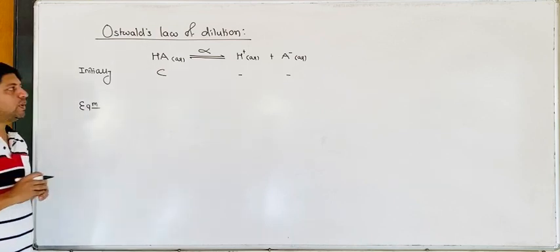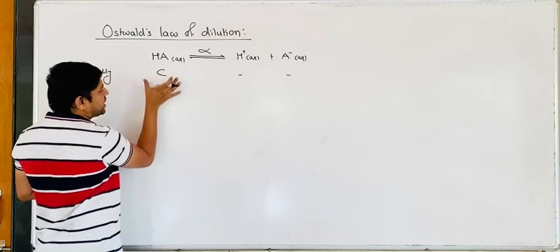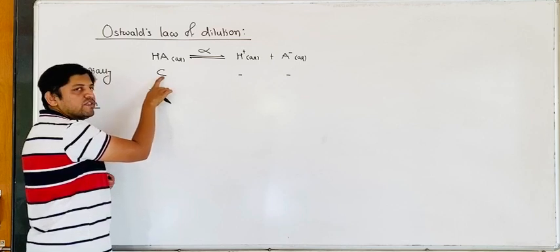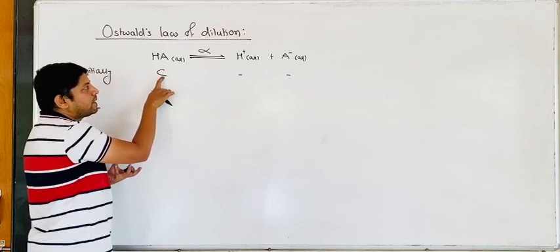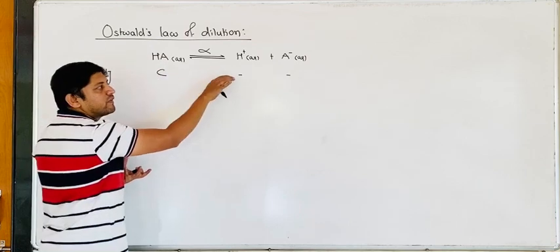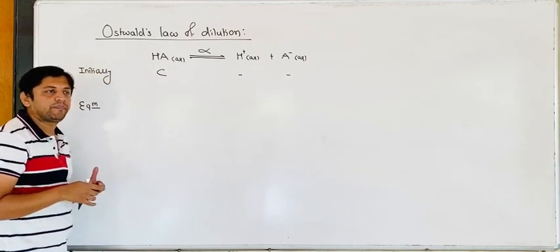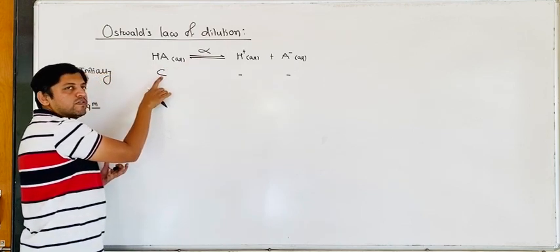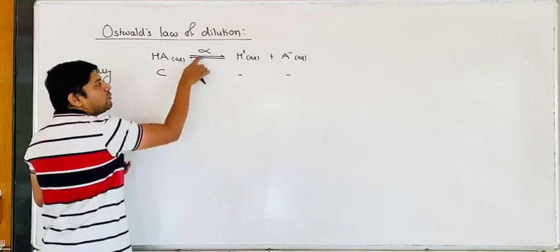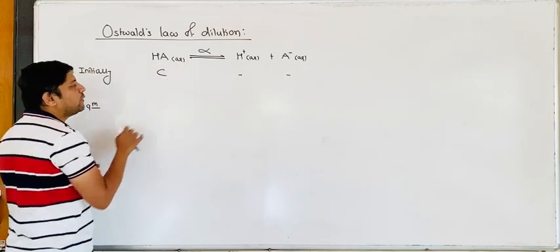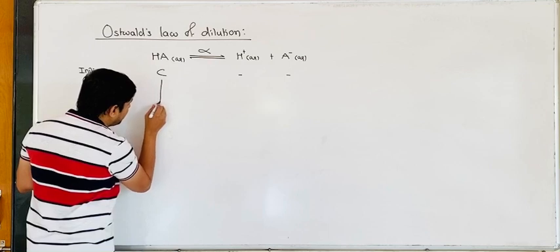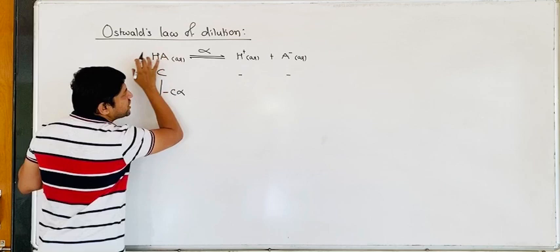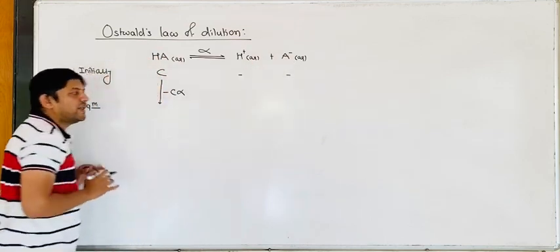So let's say at equilibrium the amount of acid HA remaining undissociated is its initial concentration C minus amount of this acid HA dissociated till equilibrium is attained, and it is given by C into alpha. Out of C moles of HA, C into alpha moles will get dissociated till equilibrium is attained. So till equilibrium gets attained, C into alpha moles of acid HA dissociates into H plus and A minus ions.